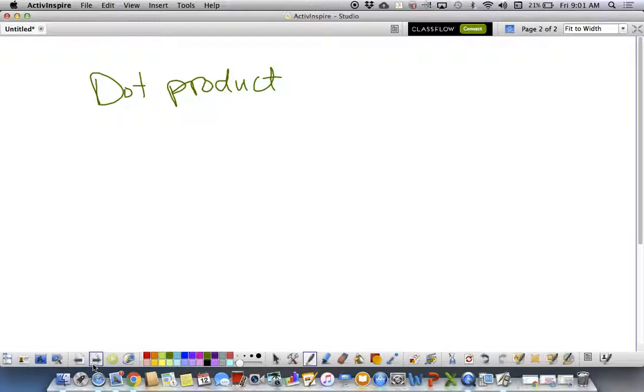But it is not as simple as multiplying the x times the x and the y times the y. If you have vector u dot vector v, they don't put the arrows, I don't know why. They define vector u as a comma b, vector v as c comma d.